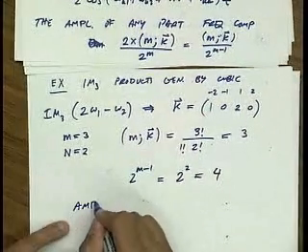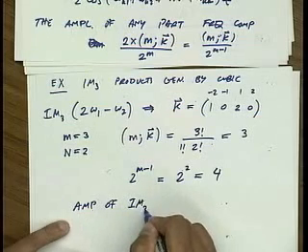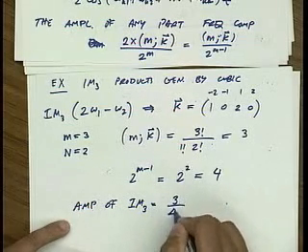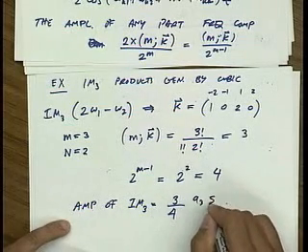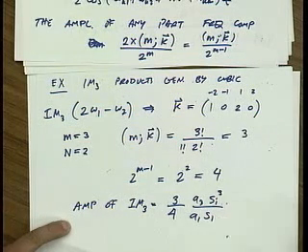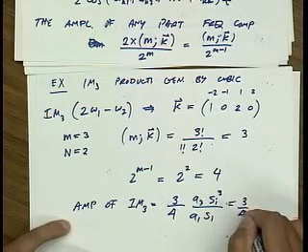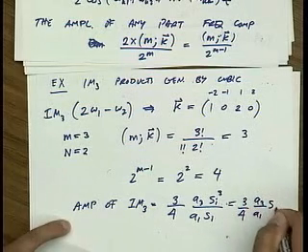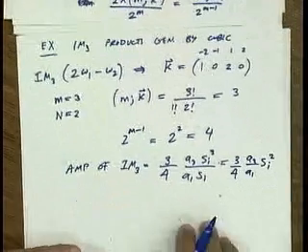So now I have that the amplitude of this particular IM3 product is 3/4 A3 S input cubed A1 S input, or 3/4 A3 over A1 S input squared.